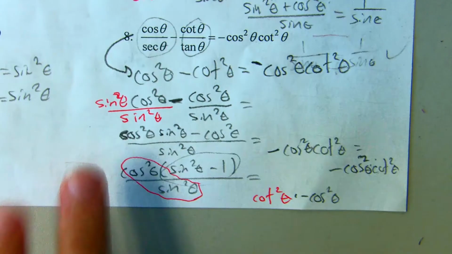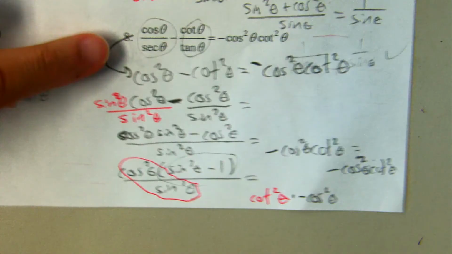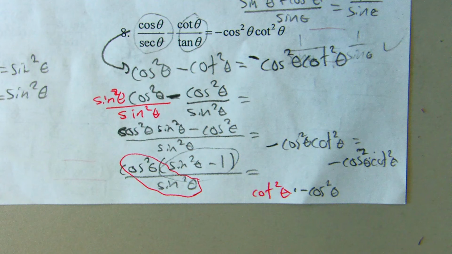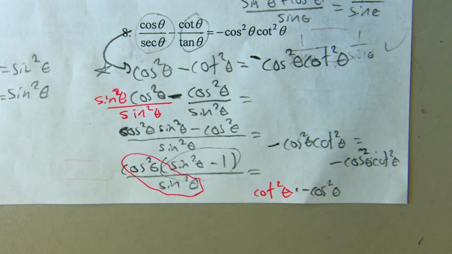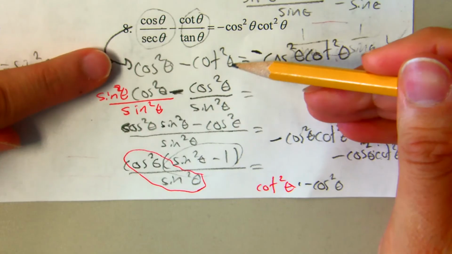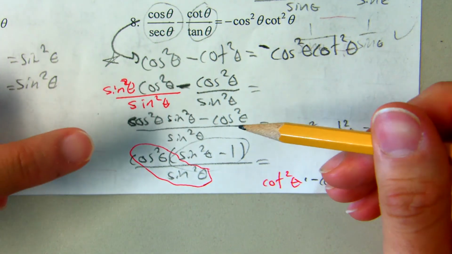So I was pretty smart about dividing them at the first step. I could have easily made this 3 or 4 more steps from here to here. And when I didn't see anything else that was going to work out for me, changing things to sines and cosines will almost always work. But if you do that, you might have to add or subtract fractions, which means get a common denominator.